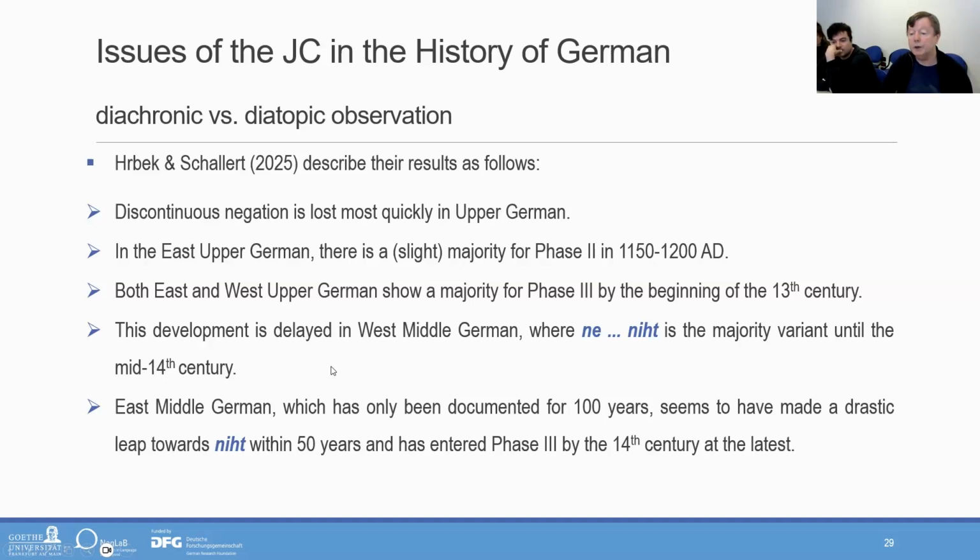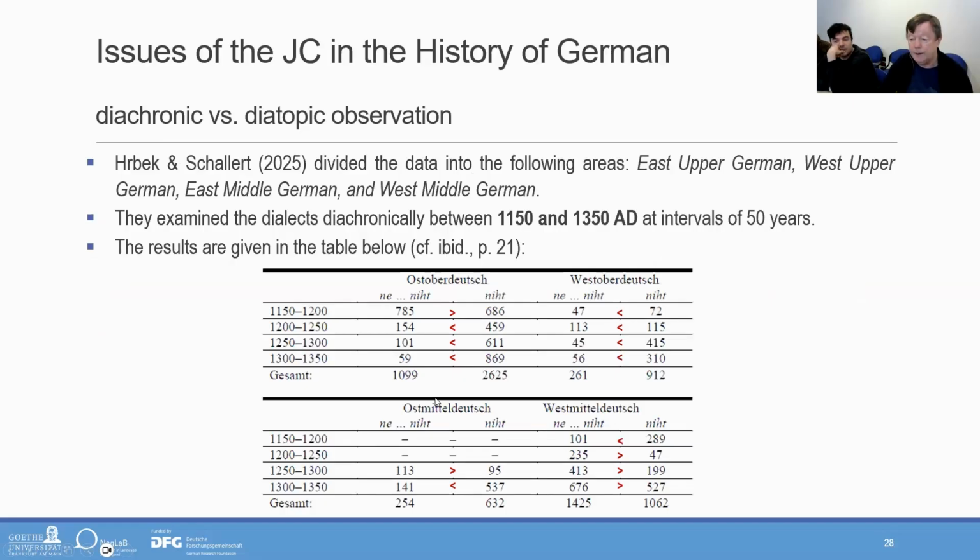Interestingly, in East Middle German, there seemed to be a drastic leap towards niht, towards phase 3 within 50 years, and it has entered phase 3 by the 14th century. As you can see here, in the second half of the 13th century, both constructions occur equally, but 50 years later, the vast majority is niht alone in this respect.